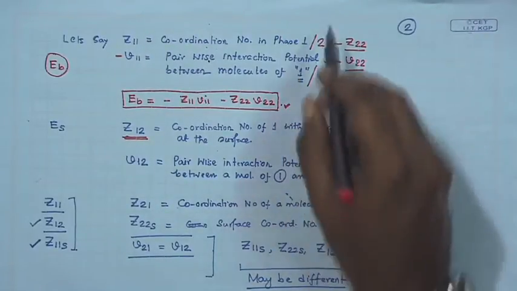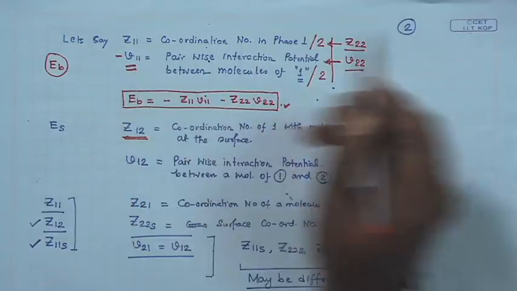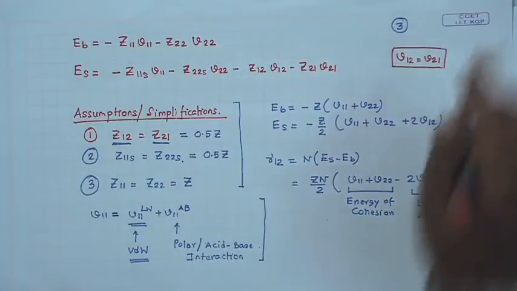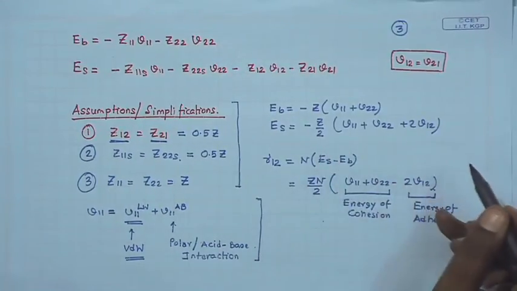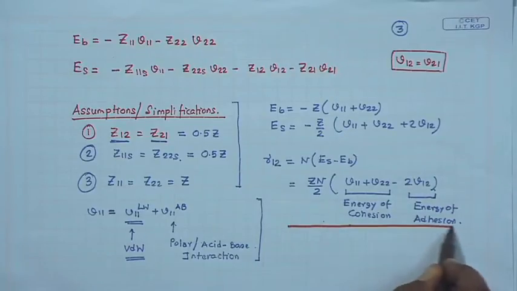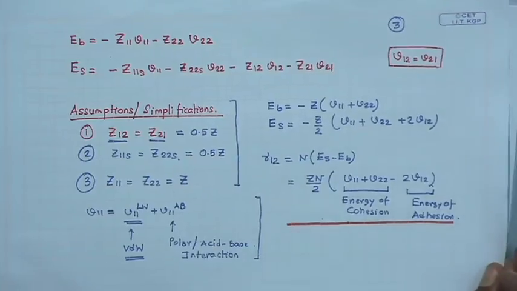Eventually we considered the interaction between individual molecules, defined the different coordination numbers, and under certain assumptions we could eventually get an expression like this for gamma 1 2.